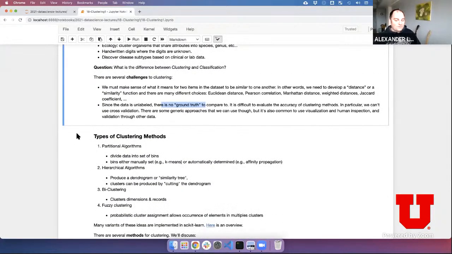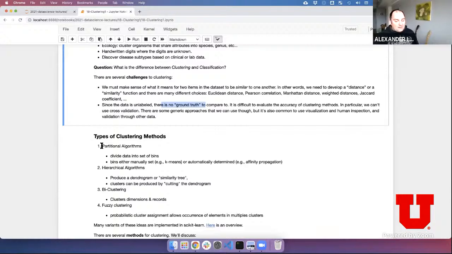In terms of what kinds of clustering methods are out there, we have two big pieces here: partitional algorithms and hierarchical algorithms. Partitional algorithms divide the data set into a set of bins. So we get out of it, for each data point, whether it is assigned to bin 1, bin 2, up to whatever your number of clusters is.